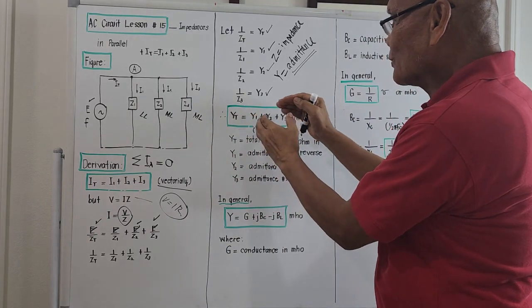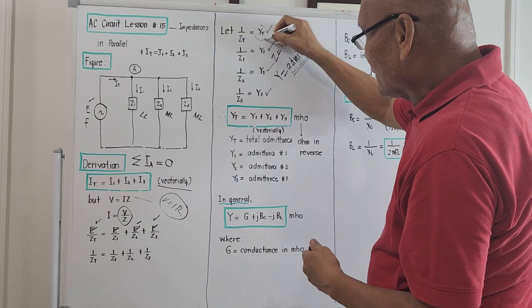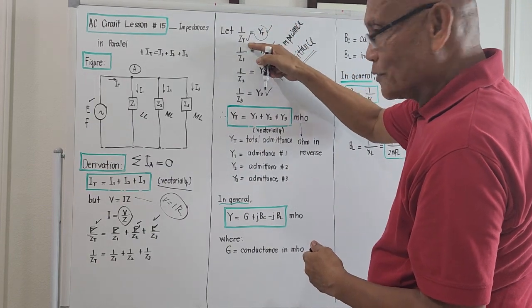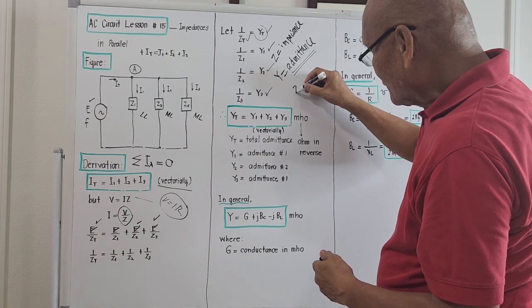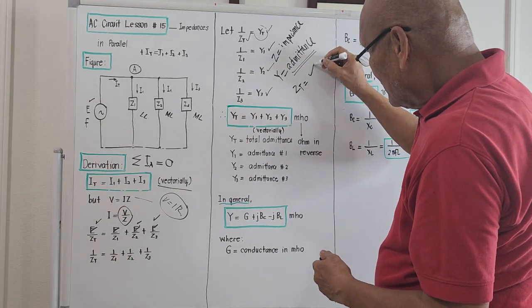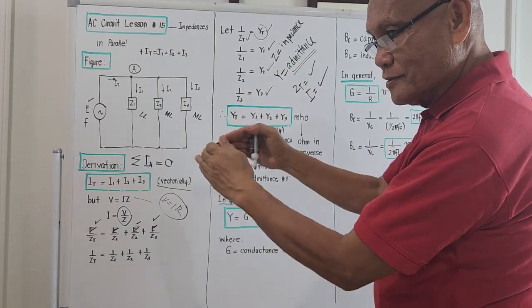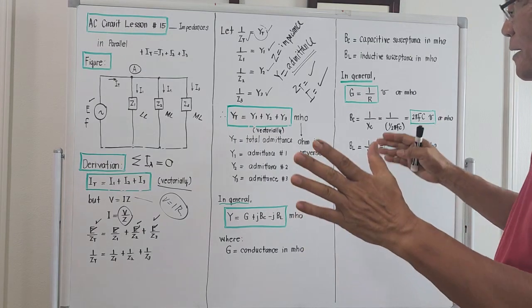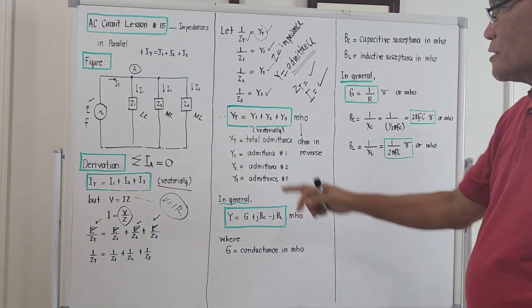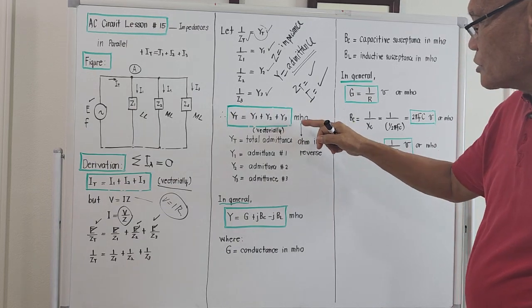To compute for the total impedance, after computing for Y total, you go back here and compute for Z total. Once you know Z total, you could compute for current and other things. That's how we work under parallel impedances: Y total is equal to Y1 plus Y2 plus Y3, and the unit is mho.